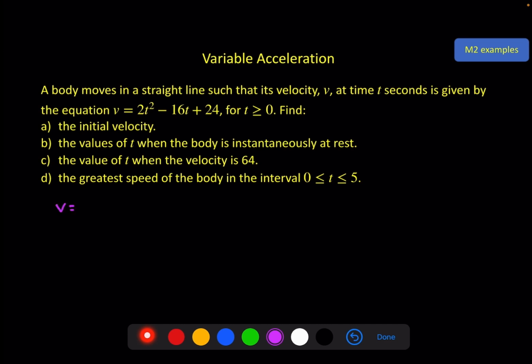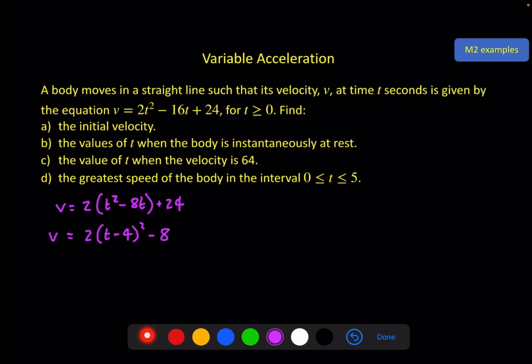So if I complete the square here, we get 2 t squared minus 8t plus 24, and then that will become 2t minus 4 all squared minus 32 plus the 24 that's already there gives me a minus 8.